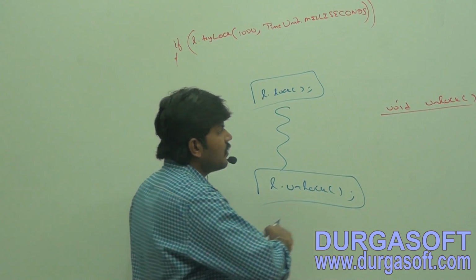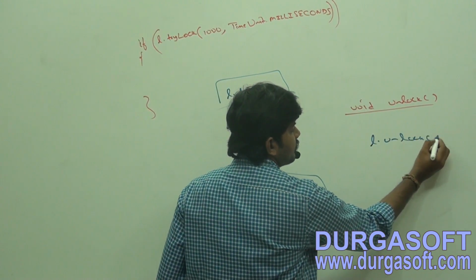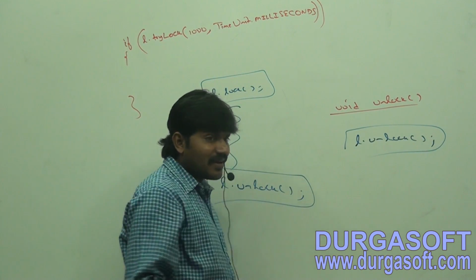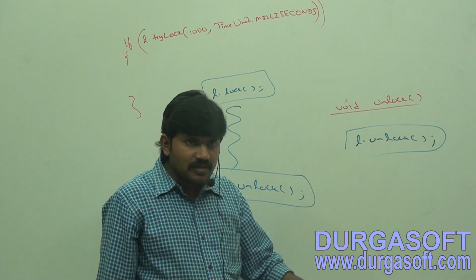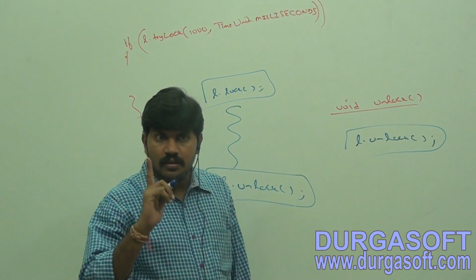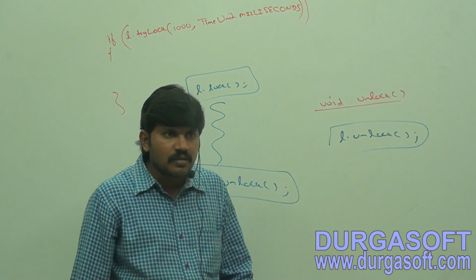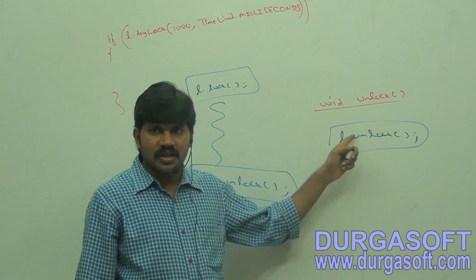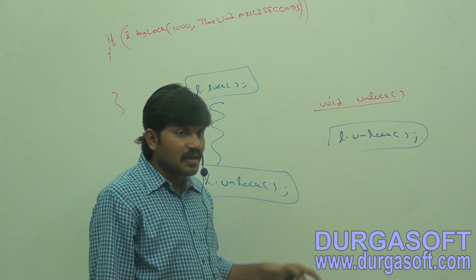Suppose the main thread directly calls l.unlock at the beginning, or the main thread is not having the lock at the beginning. If you want to call the unlock method on any lock object, the current thread compulsorily should be the owner of this lock. It's nothing but the current thread should have the lock. I am not having the lock, but still I am calling the unlock method.